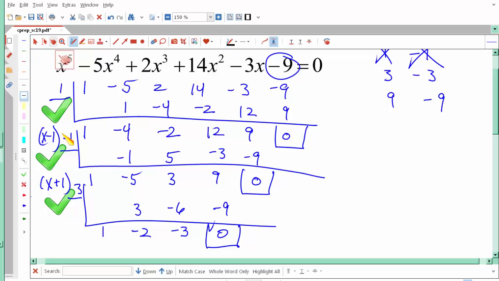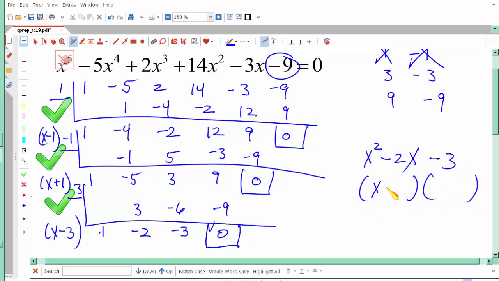That means x minus 3 is the factor, and 3 is the solution. Okay, now that I'm down to 3 digits and a remainder, the easiest thing to do to find the remaining 2 solutions and the remaining 2 factors is to take those digits and write it out as a trinomial and then factor.